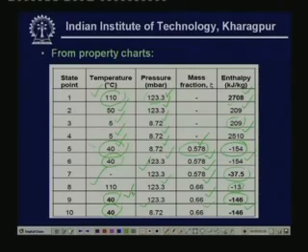So, once you have all the points and once you have the PTX and HTX charts, if you locate the points carefully on the PTX and HTX chart, then you can find all the required state point property data. Once you have all the property data, the problem becomes very simple, because all that you have to do is take each component and apply mass and energy balance across each component.